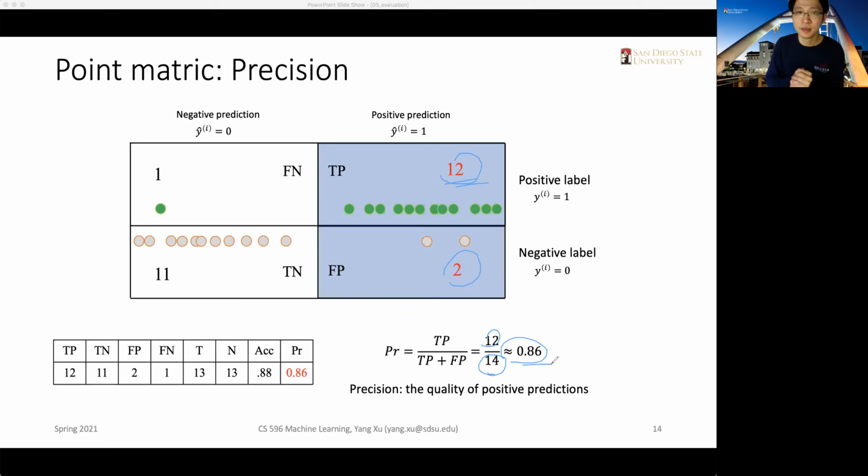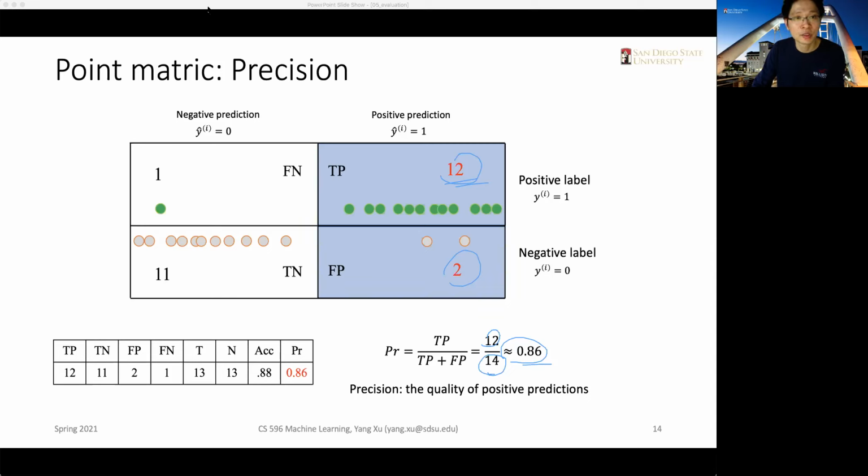But the precision may not be that high, because the model is too bold in making positive predictions. If the model hopes not to leave any positive examples behind, then it may not be that precise in its predictions. So that's precision.